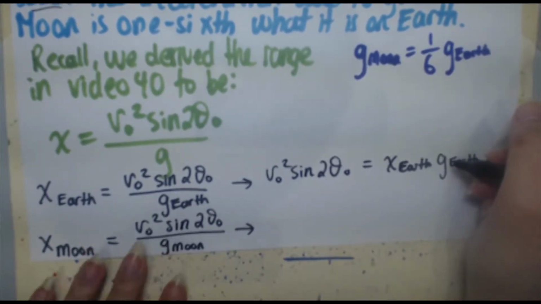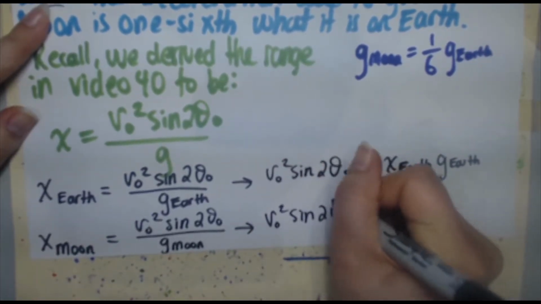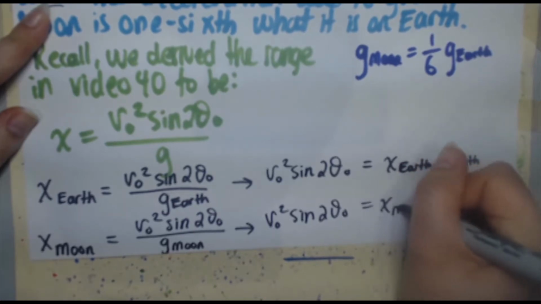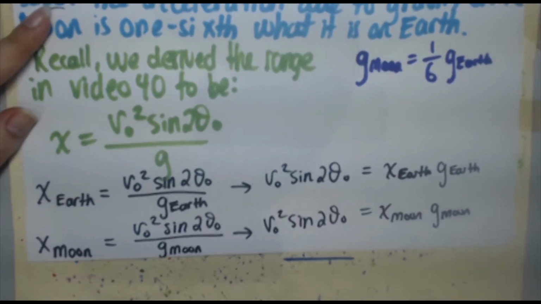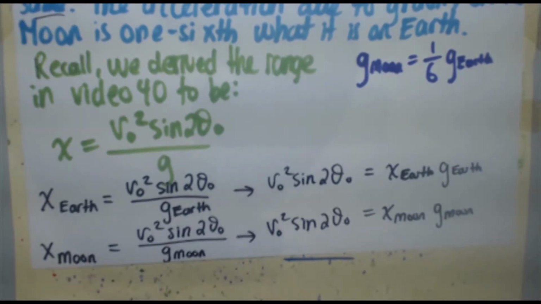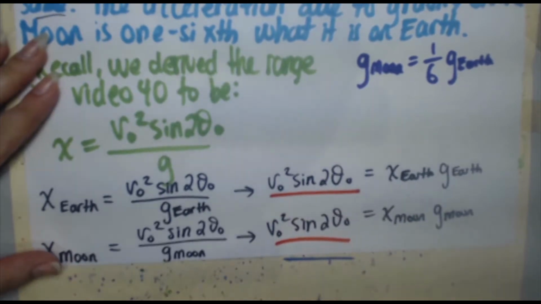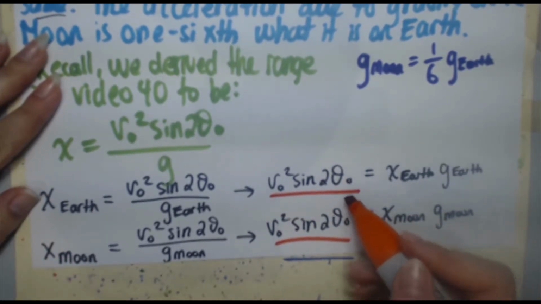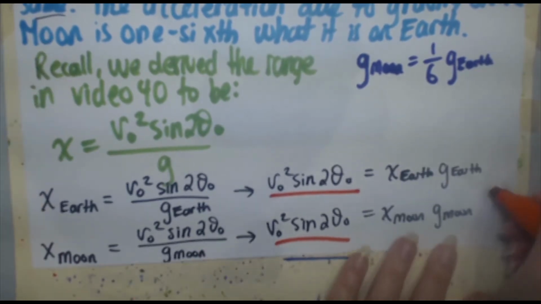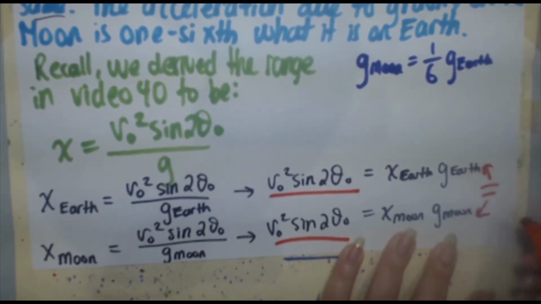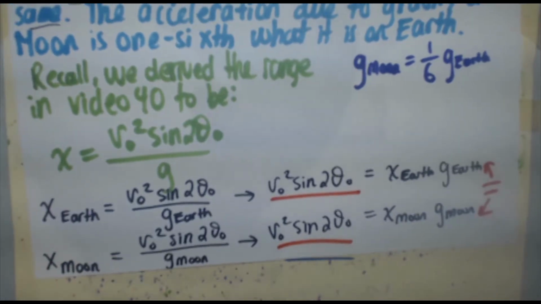And down here, same thing, v naught squared sine 2 theta naught is equal to x moon g moon. Something that should become very clear at this point is that the left side of both formulas are identical. Because these two sides are equal to each other, mathematics tells us that the right sides must also be equal. So what we want to do is set these two equal to each other, and we're going to solve for our unknown.